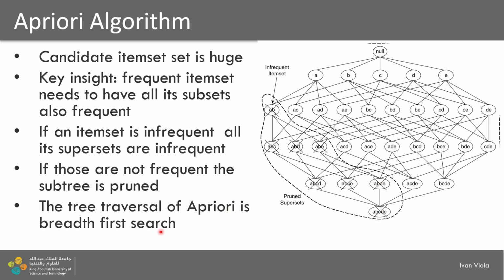There could be also other ways, like for example depth-first, but we will be interested in breadth-first because we first want to check all the one-item sets and prune already those wherever possible if the individual items are not frequent, and then prune a huge subtree related to those item sets containing those infrequent one-item sets.